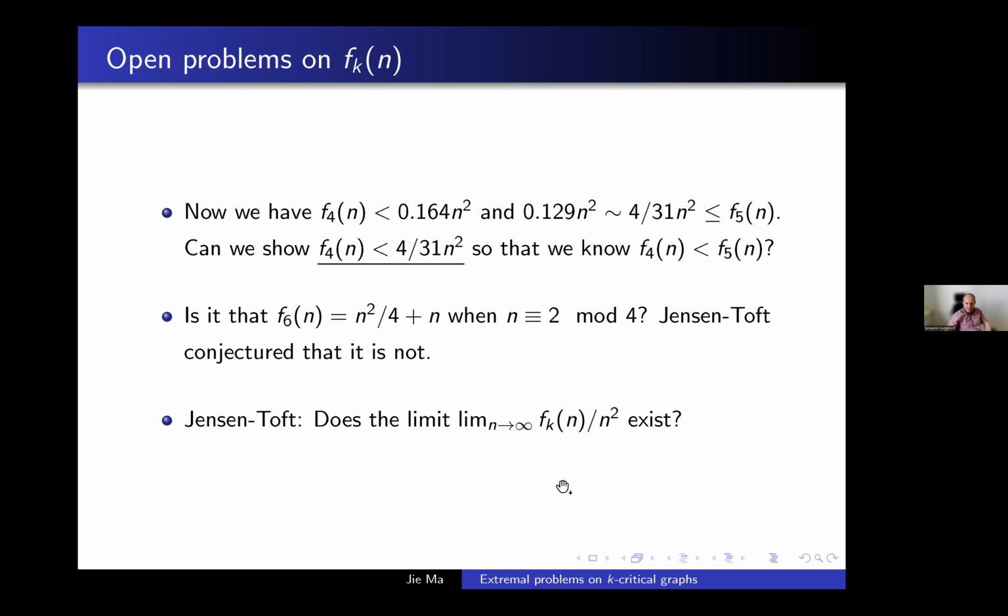Jay, when you say strictly bigger, do you mean the constant in front of n squared over 4 bigger, or just the error term? Even the error term we don't know. Yeah, even improving it. But what do you believe? I think even improving the error term would be nice.